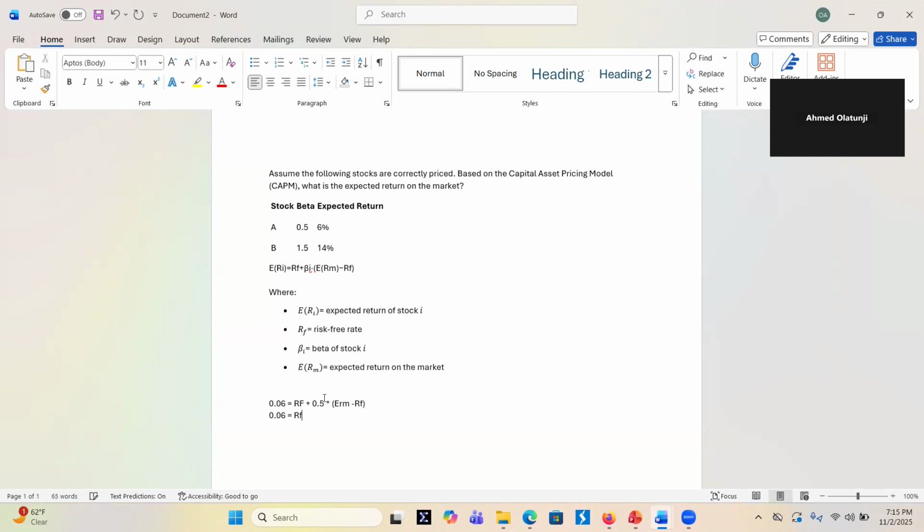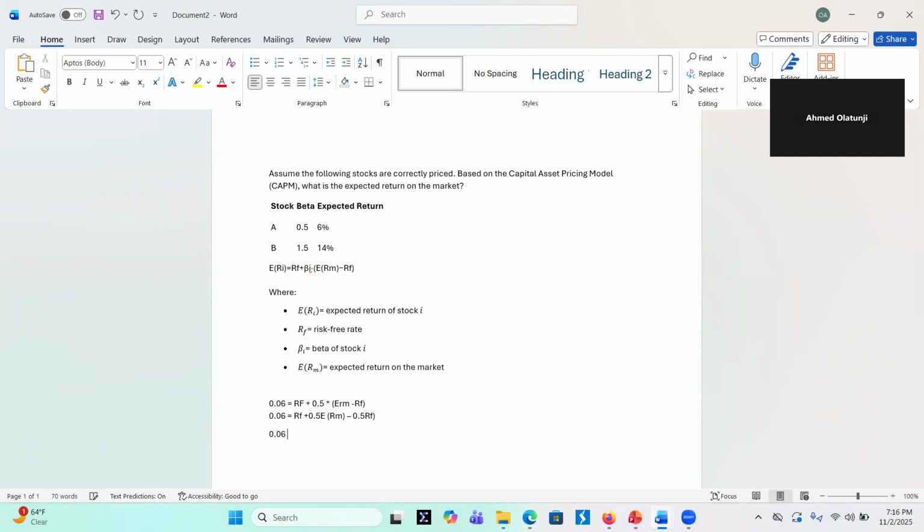0.06 equals RF plus 0.5, just multiplication, 0.5 ERM minus 0.5 RF. We all know how I got this. I multiplied this times this and this times this to get this. Just simple multiplication.